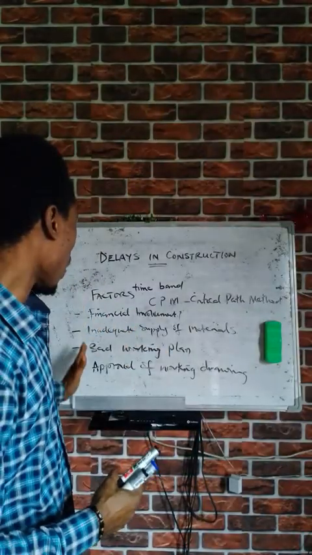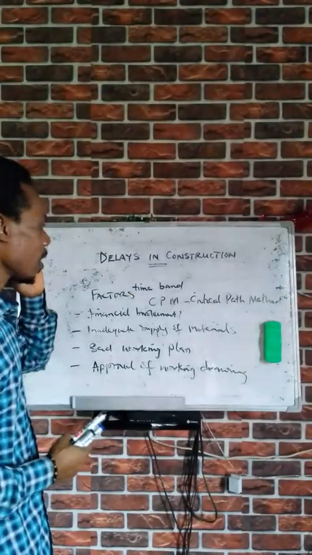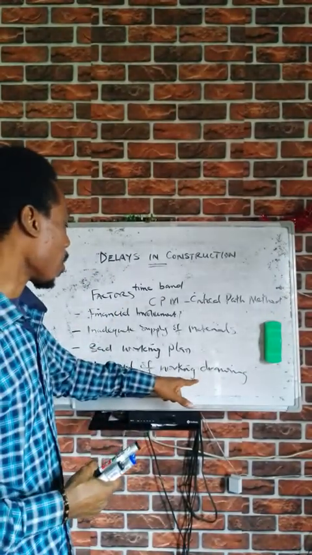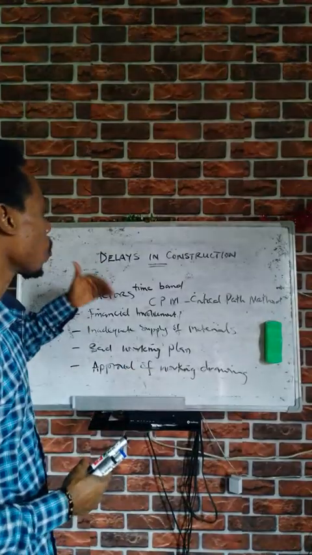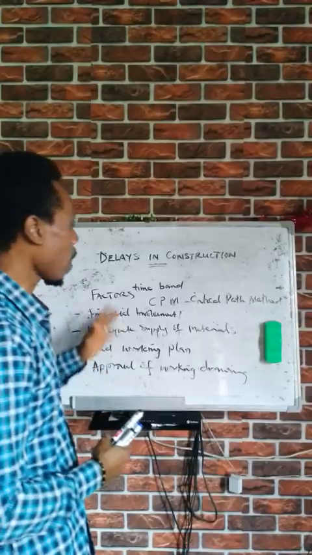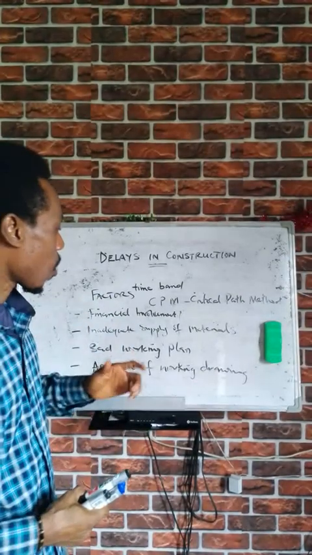So approval of working drawing also causes delay in construction, but most importantly, the delay for this is associated with the period prior to construction. So these are some of the factors that cause delay in our construction work.